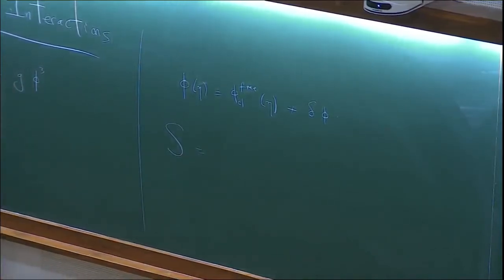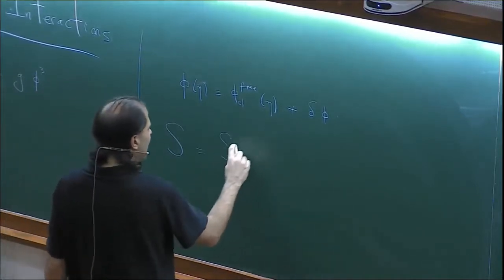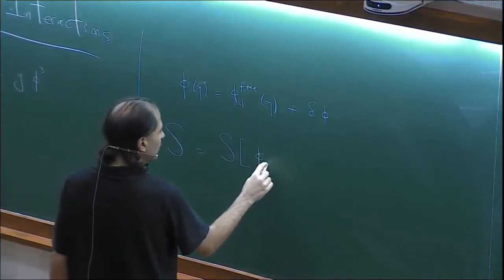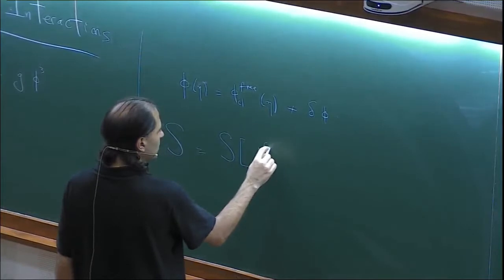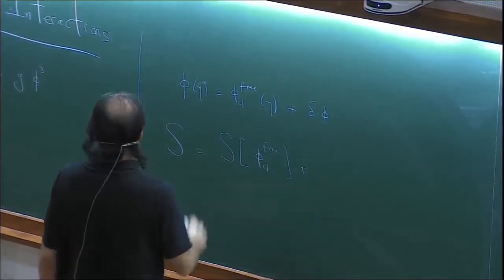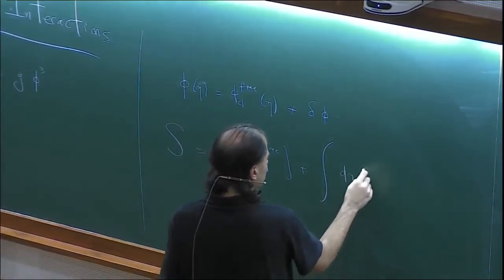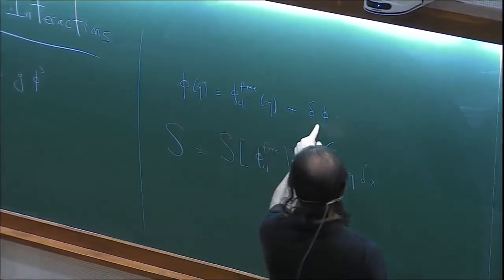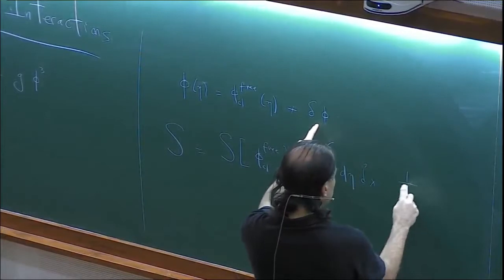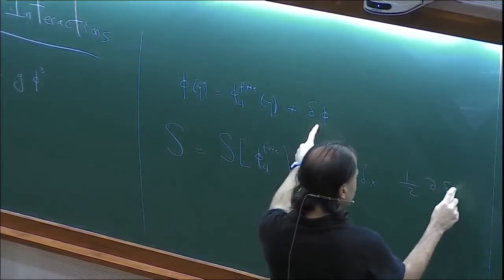From the quadratic part, I'm going to get S of phi classical free. And then I'm going to have some interactions. Then I'll have a kinetic term for this fluctuation, so I have d delta phi squared.